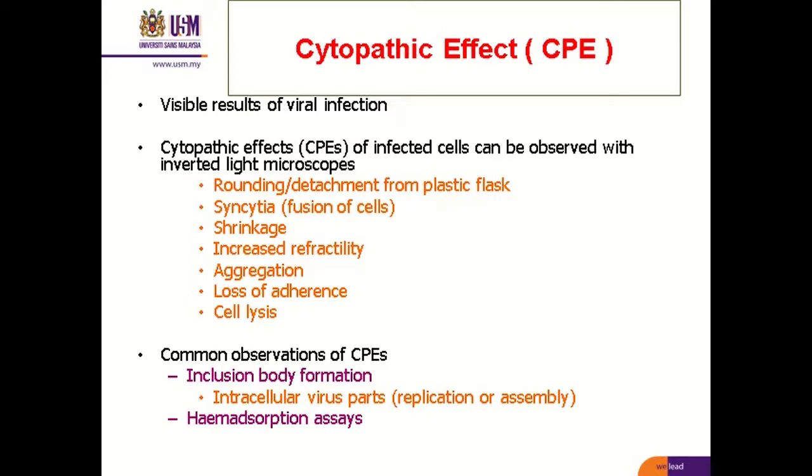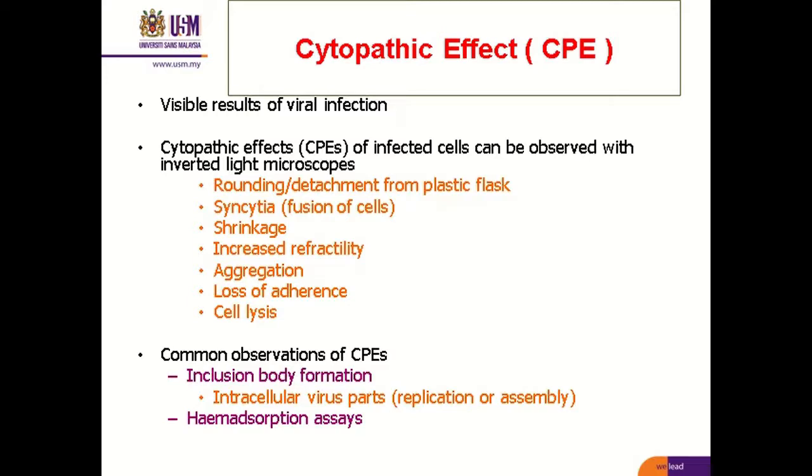We can see syncytia, where 3 or 4 cells fuse together and become one giant multinucleated cell. This is seen in herpes simplex virus and respiratory syncytial virus. We can see shrinkage in enterovirus, increased refractility, aggregation in adenovirus, loss of adherence in certain oncogenic viruses, and cell lysis.